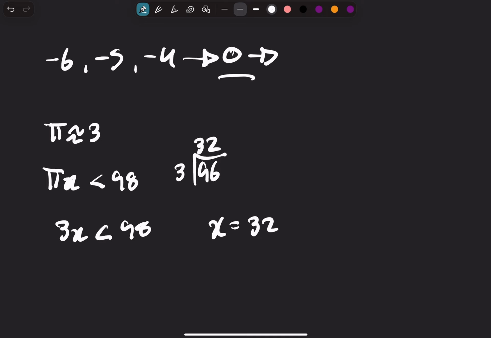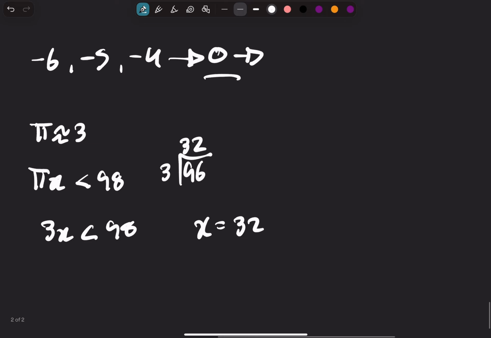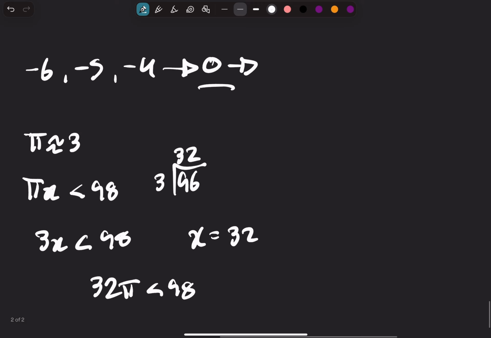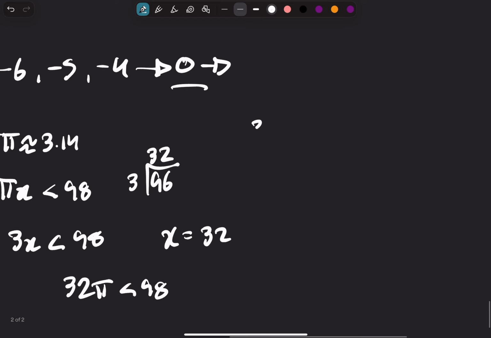But okay, let's try this out. If we have x equals 32, then we have 32 pi is less than 98. Since I approximated, I just want to make double sure, so I'll be more accurate and say that pi is roughly equal to 3.14. So I have 3.14 times 32 has to be less than 98.